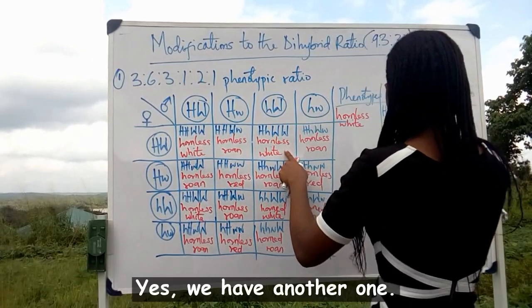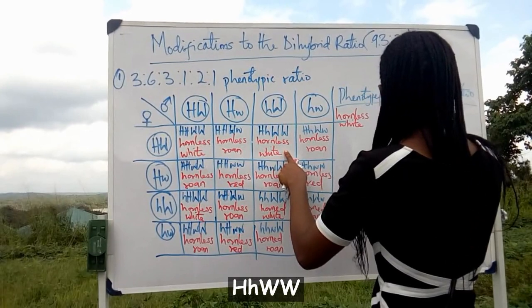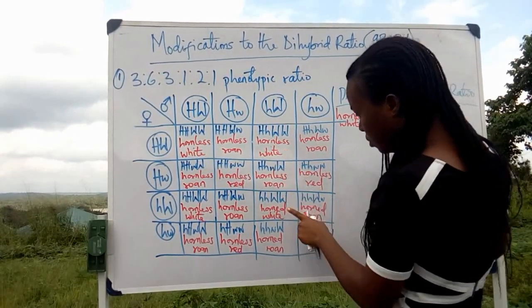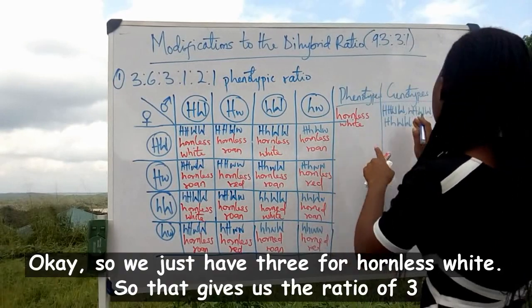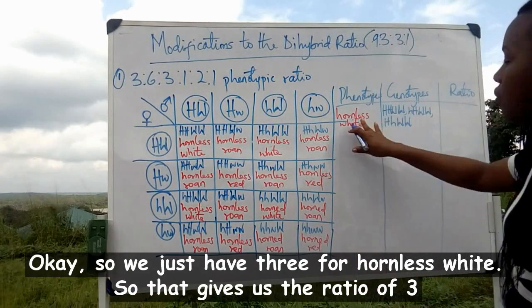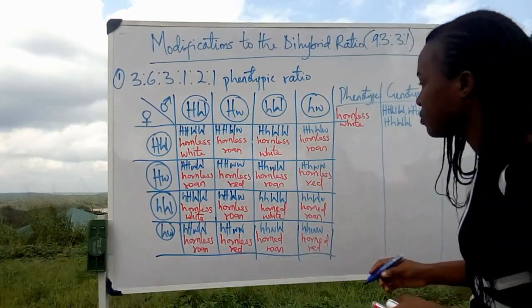Yes, we have another one. Big H, small h, big W, big W. Okay, so we just have 3 for hornless white. So that gives us a ratio of 3.